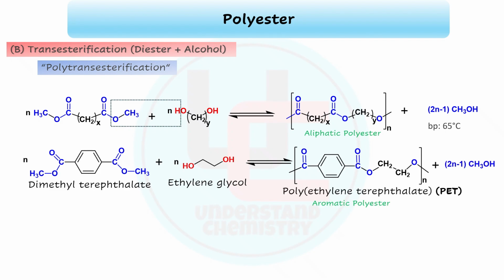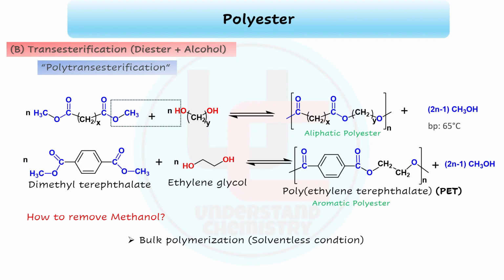Now, the question is how to remove methanol from the reaction mixture. In a bulk polymerization setup, the reaction is carried out without any solvent. In this case, methanol can be directly removed by applying vacuum or by sweeping with an inert gas. The continuous removal of the methanol shifts the equilibrium to favor polymer formation.